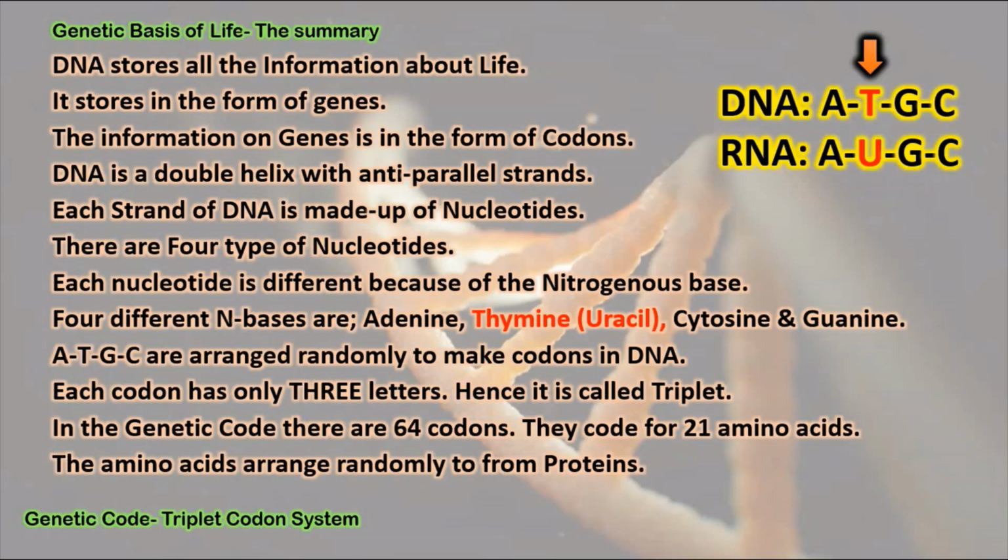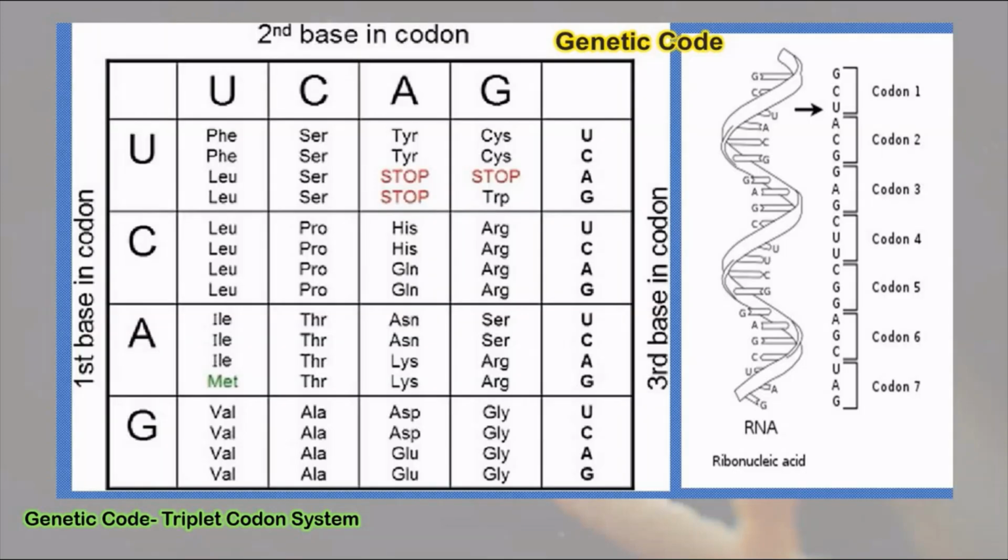A set of 3 nucleotides is 1 codon, hence the genetic code is said to be triplet, and the genetic code is made up of 64 different codons, and they code for 21 different amino acids. The amino acids are arranged to form the proteins. So this is the genetic code dictionary.